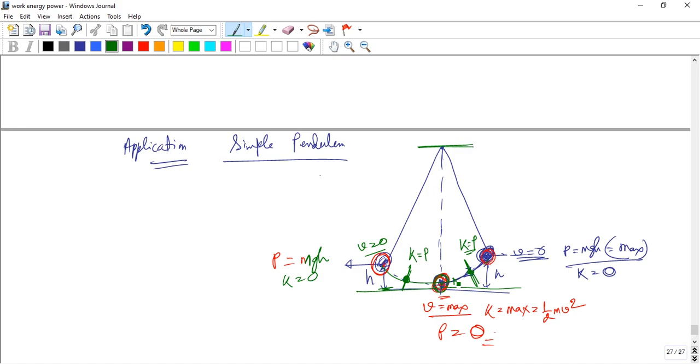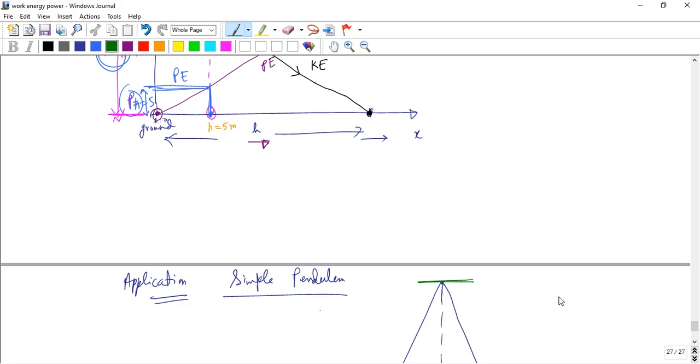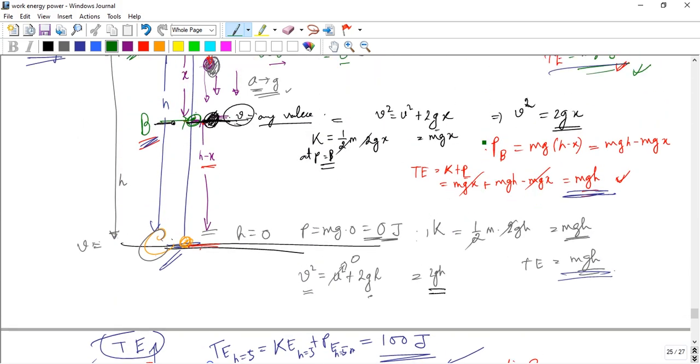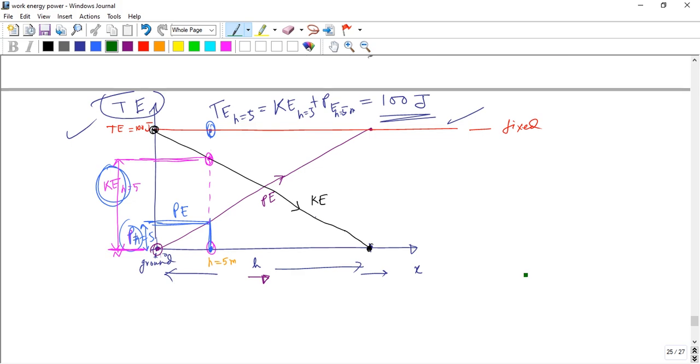If I calculate, the kinetic energy is half mv squared, and similarly we also get that it is equal to mgh. The calculation is similar here, so I skip that calculation.